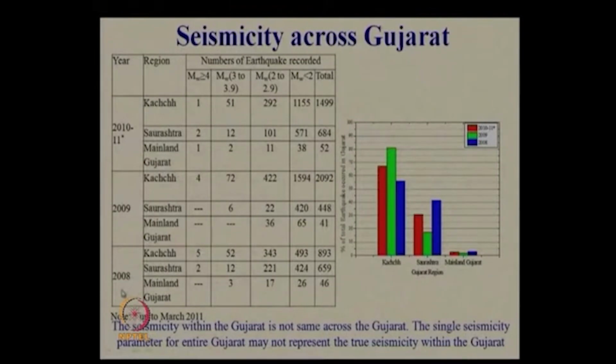This shows typical values: for 2008, so many earthquakes occurred, 2009, so many earthquakes occurred, and their magnitude scalings are also mentioned over here, which automatically shows Kutch region, which is in zone 5, is experiencing more number of earthquakes than the other 2 regions, which are in zone 4 and zone 3. Hence, considering a single seismicity parameter for entire Gujarat is not justifiable. We should do region specific or area specific study for Gujarat state.